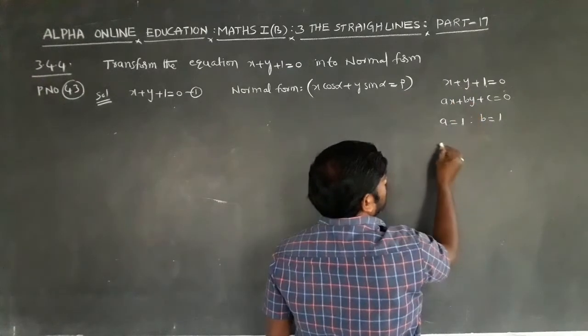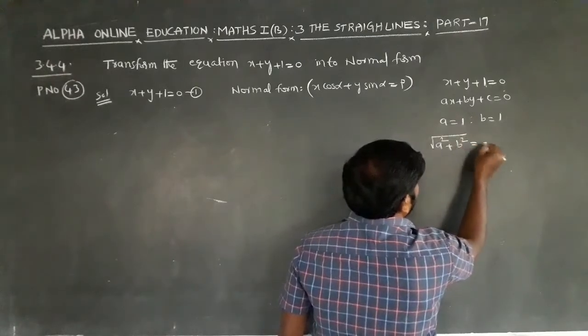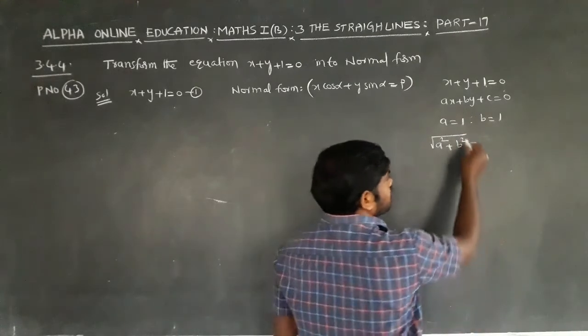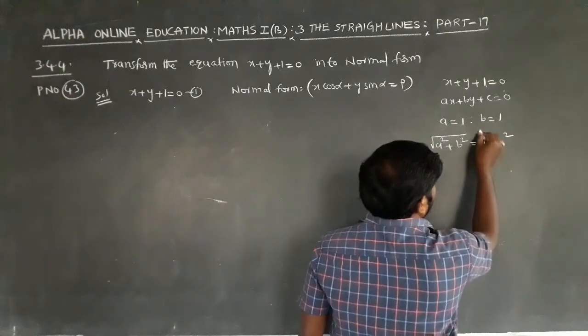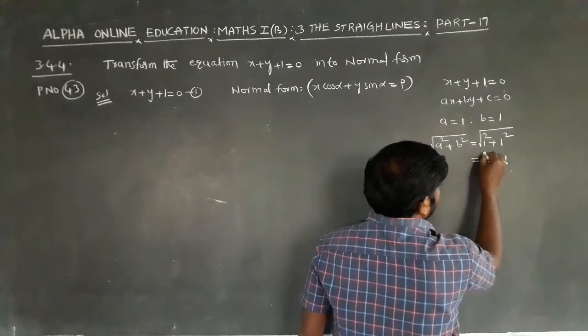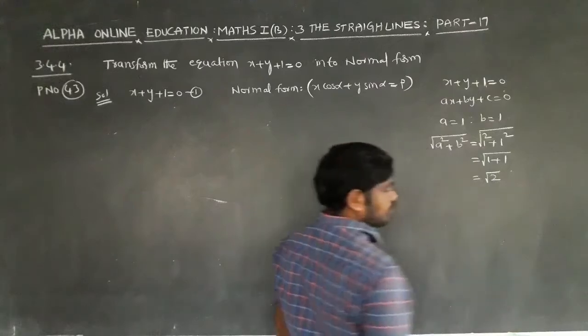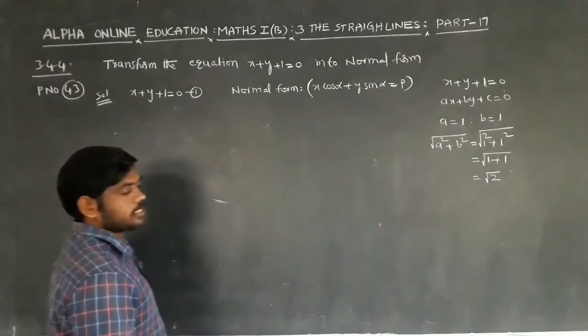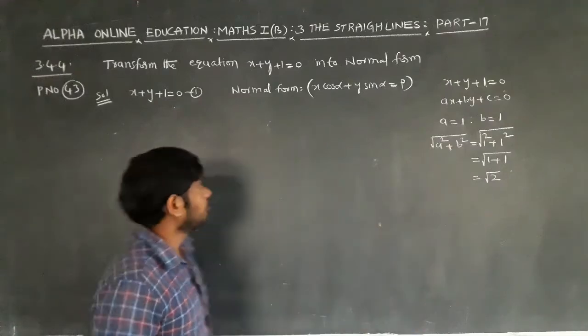Find the value of root a square plus b square. 1 square plus 1 square is 1 plus 1, which is 2, so root 2. The square root of a square plus b square is root 2.